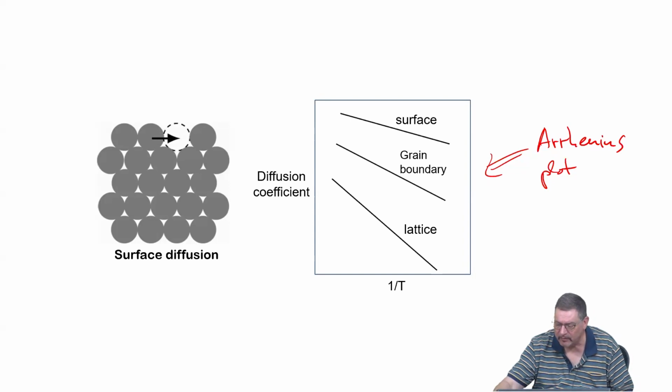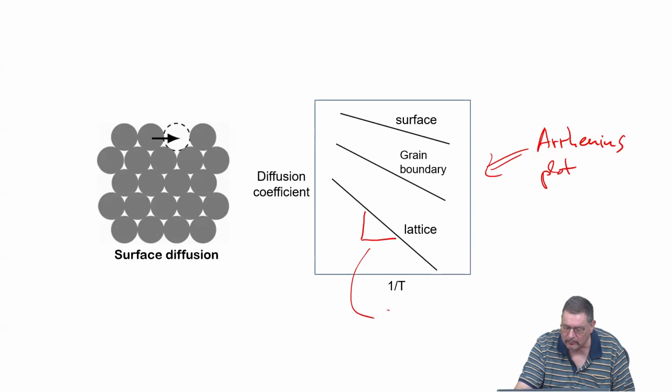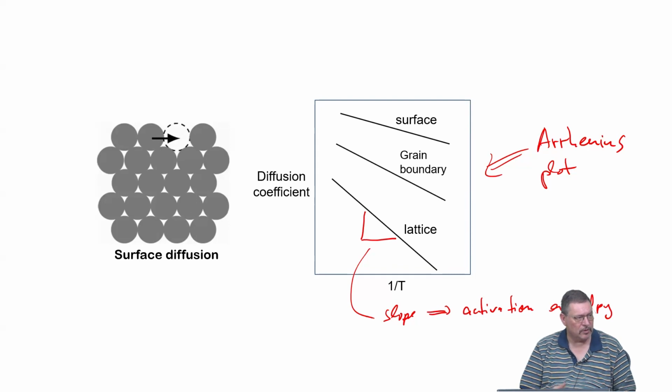So when we compare lattice diffusion, grain boundary diffusion, or surface diffusion: surface diffusion is fastest, grain boundary diffusion in between, lattice diffusion the slowest, and the activation enthalpies, the slopes, are sorted in the same order. So on the surface very quick, in the volume very slow, at the same given temperature.